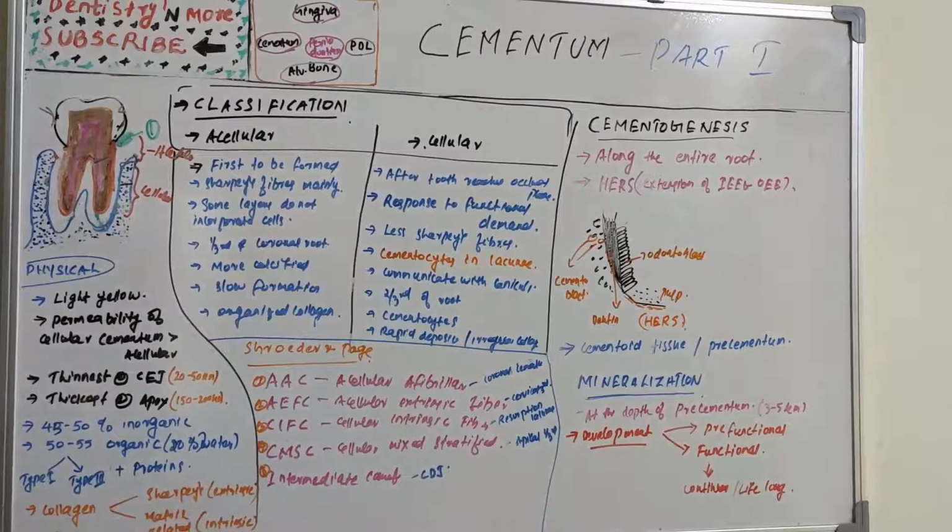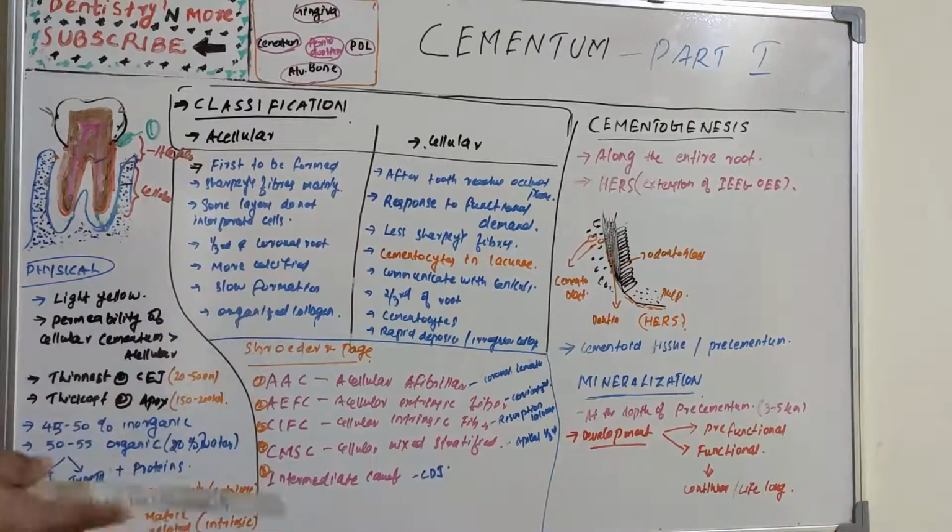Now we have cellular intrinsic fiber cementum. So what is extrinsic, what is intrinsic, I talked about in the beginning. So hope you remember what is extrinsic and what is intrinsic. So cellular intrinsic fiber cementum is the third type. It is formed both pre and post eruptively.